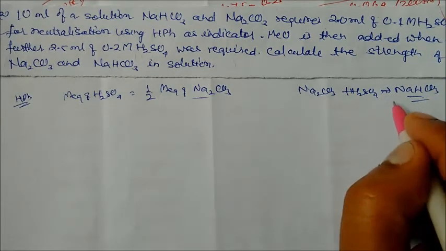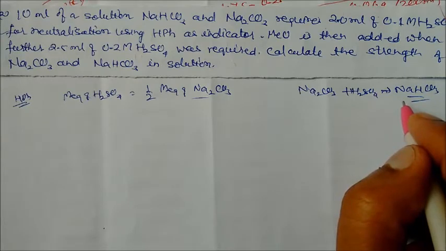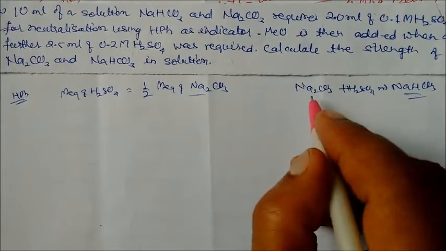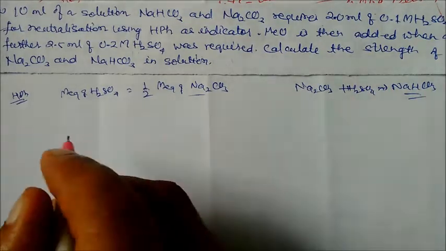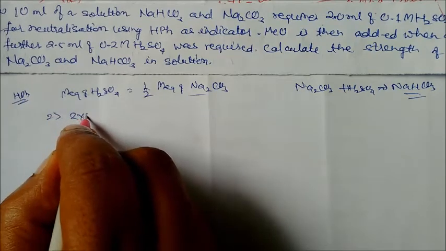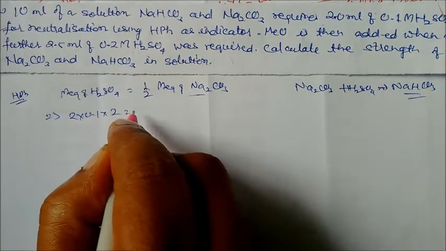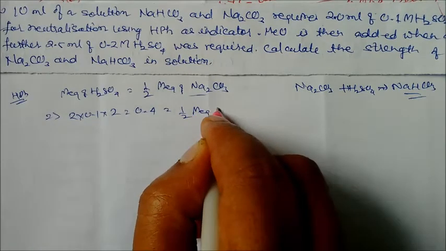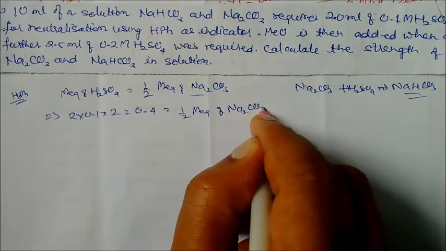This is the half neutralization. At that time the solution is basic, and in this basic solution phenolphthalein will give color. So here milliequivalent of H2SO4 is 2 into 0.1 into 2, that is nothing but 0.4. So 0.4 is nothing but half the milliequivalent of sodium carbonate.